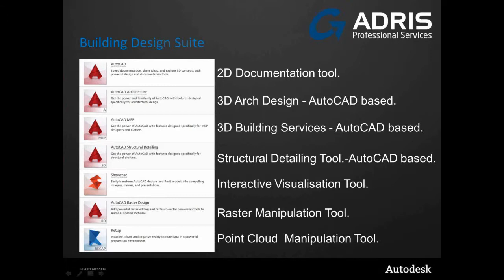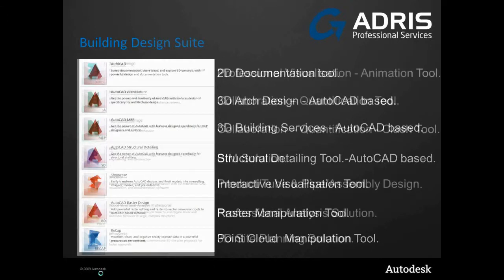Recap would allow you to insert that file and manipulate that point cloud data so that it could subsequently be imported into something like Revit and convert an existing building into a 3D model, or use the point cloud data interactively.